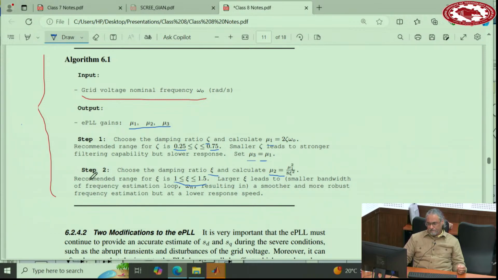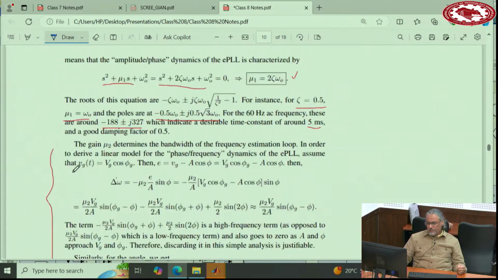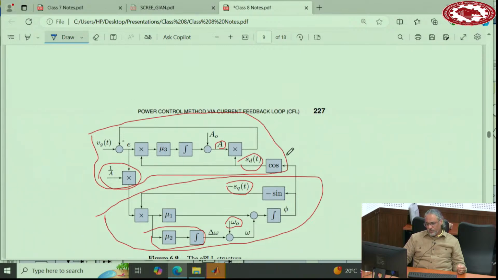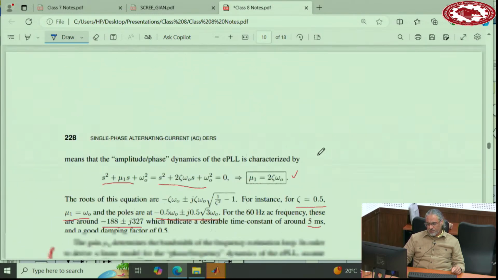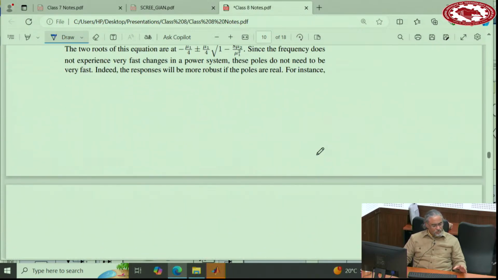Okay. Now, this EPLL here that we just talked about is the core diagram, the core structure of the EPLL. At least we need two important modifications if you want to use it in practice, if you want to really build it in your practical setting.